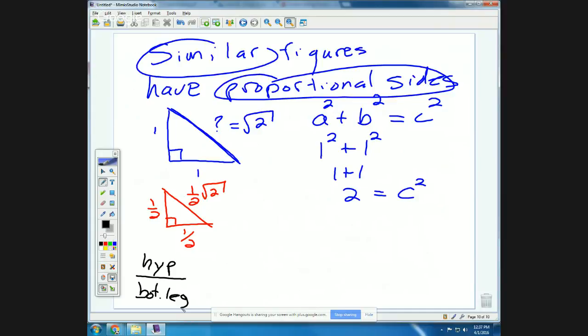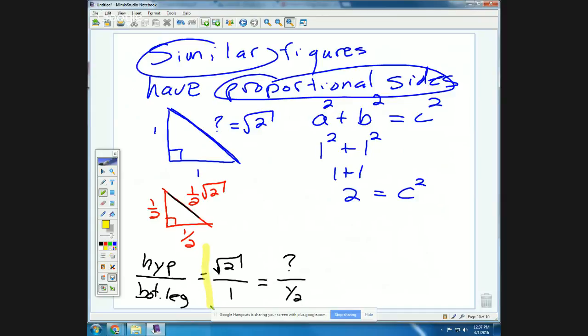So on the big triangle, that means take the square root of 2 and divide by 1. On the little triangle, let's make believe I don't know what its diagonal is, but I do know the bottom is a half.